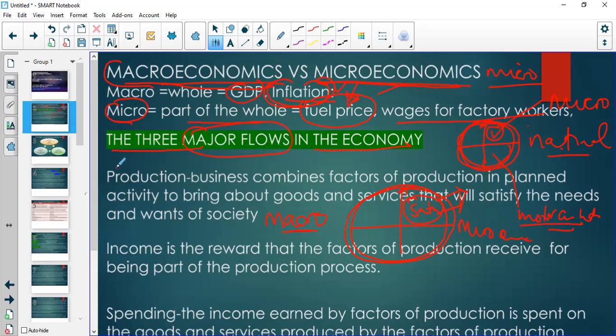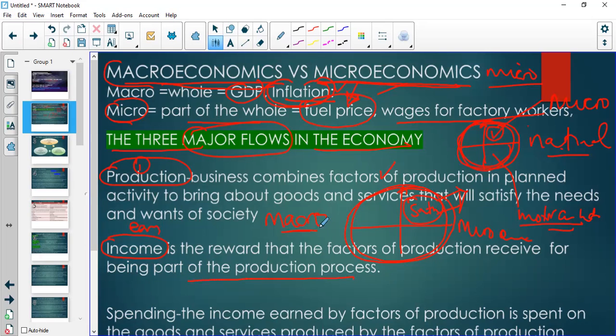So we have production, which is about producing goods and services. Then we have the income, which is another flow. So the first flow is production. The second flow is income, what people earn from utilizing the factors of production.